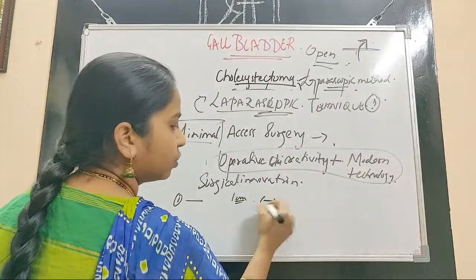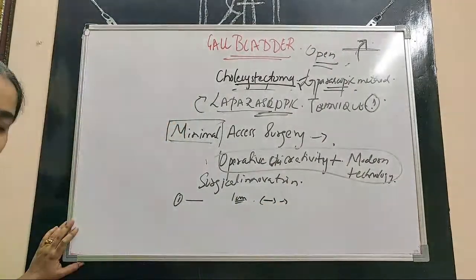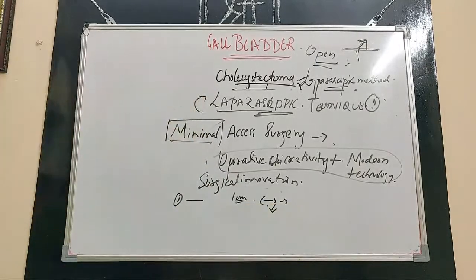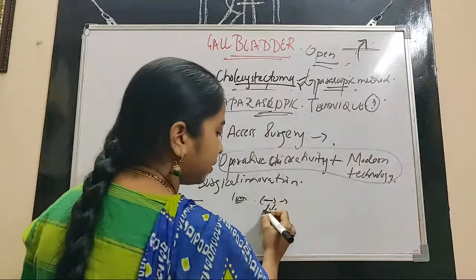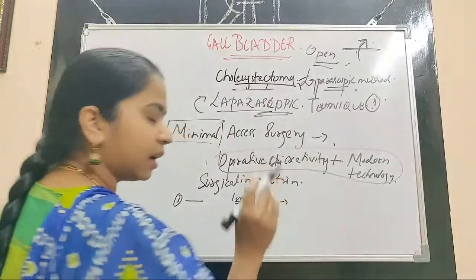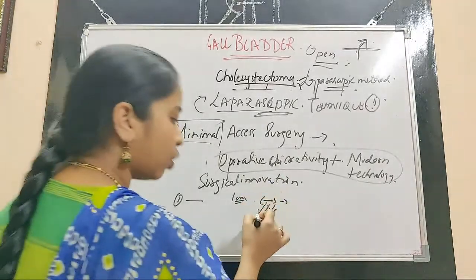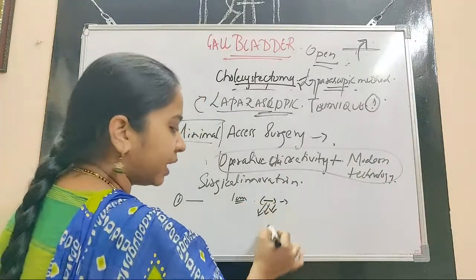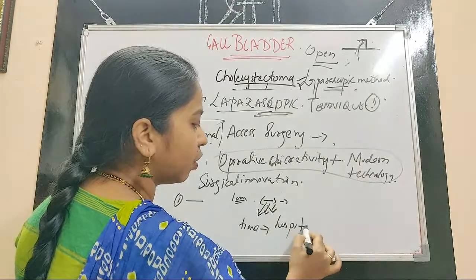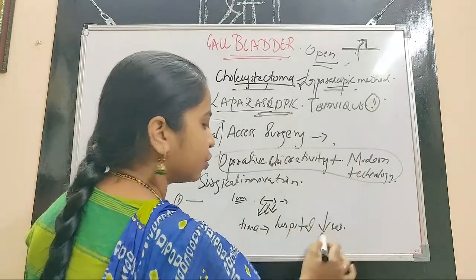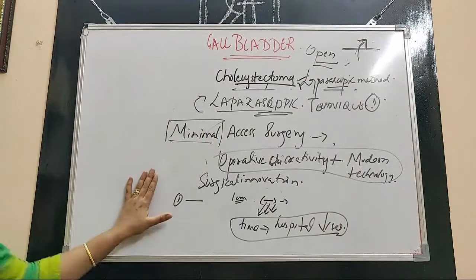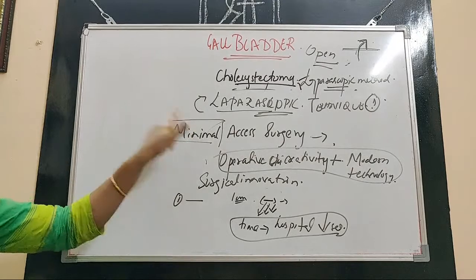The smaller the wound, the better the management, the less the chance of infection, and the better the patient recovery. The somatic damage we are doing is also less. Once the recovery time is less, obviously the hospital stay also decreases. So the quality of patient outcome is better in laparoscopic technique.